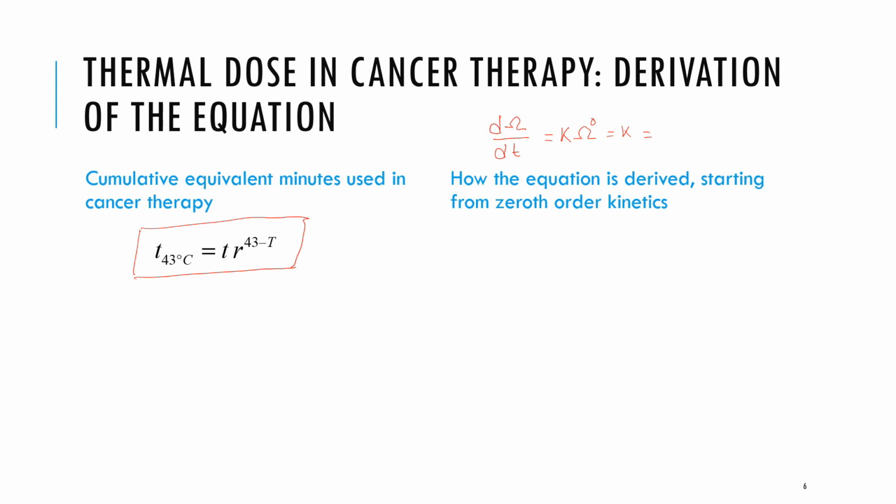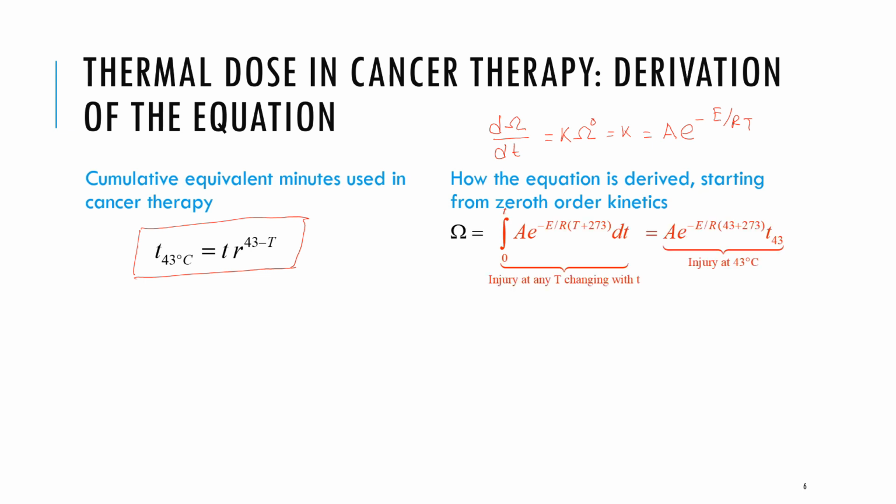Let's write that in terms of the temperature dependency as A e raised to minus E over RT. This is my zeroth order reaction, and from this we're going to derive this equation.